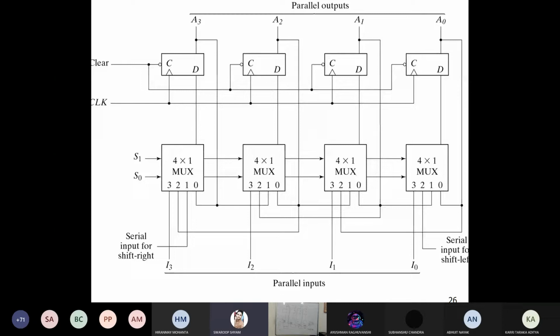Ma'am, in the slide, for 0 1, the circuits are given for 0 1 select lines. 0 1 select lines means what? Oh, 0 1 means S0, S1 interchange. Means for right shift the circuit is given in the slide.